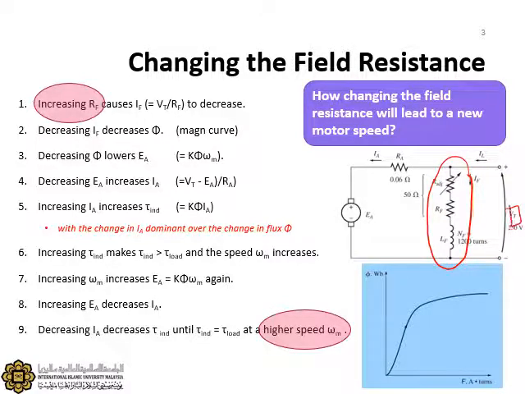VT is applied to these two terminals, which is practically the same thing as applying this voltage across this, because these pairs of points are connected. Okay, so we've got VT across here.